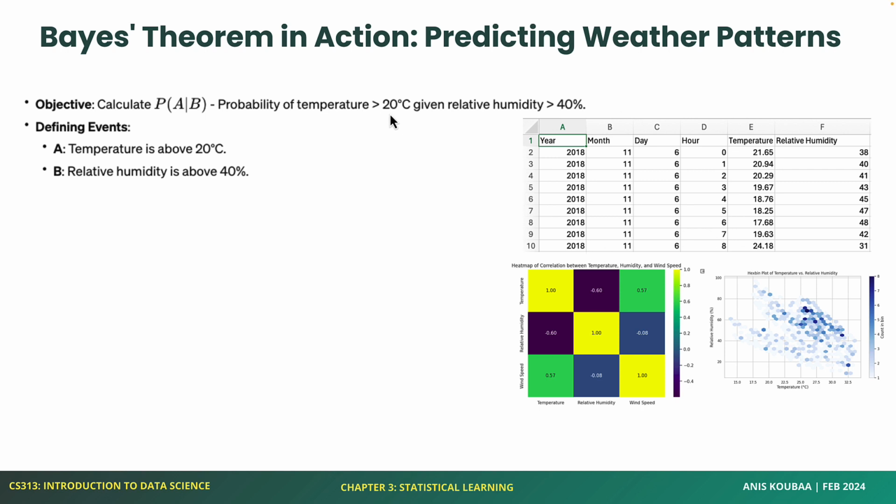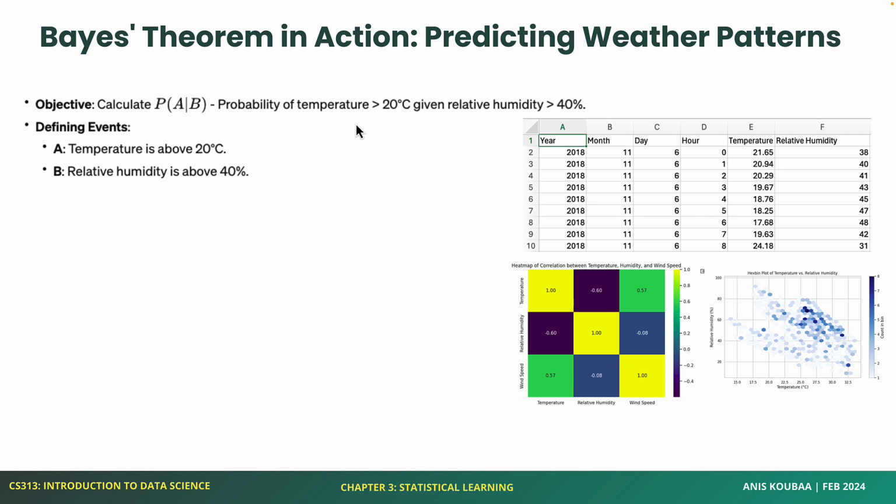I'm looking for a subset, because I have two events, given that the relative humidity is greater than 40. It's not even joint, this is conditional, because for joint you would take the intersection. Now we don't take the intersection. It's different, this is a condition. So I'm going to look for all the values with humidity above 40 and then filter for the temperature above 20.